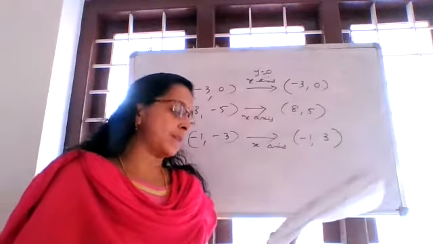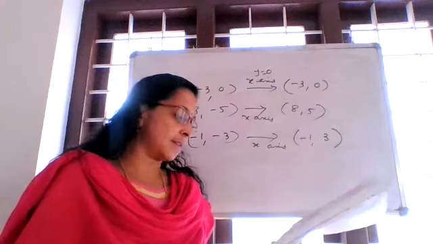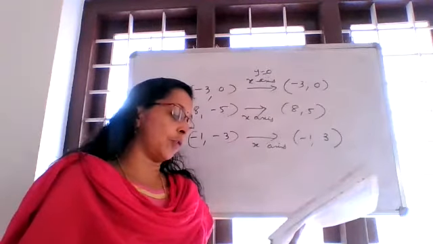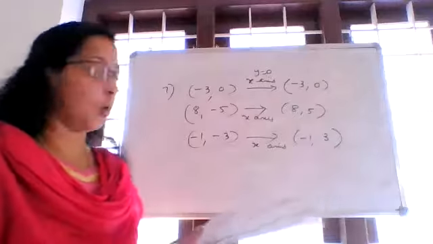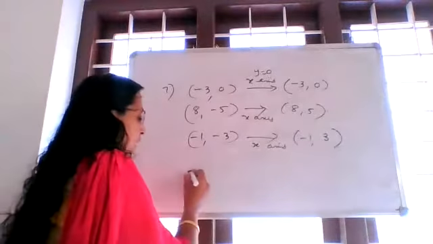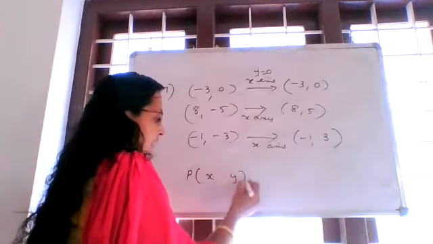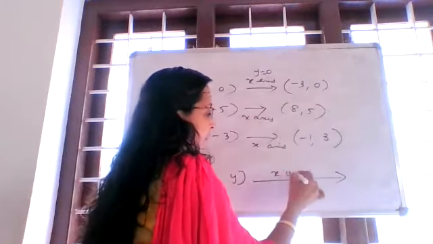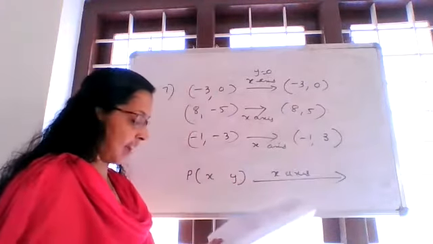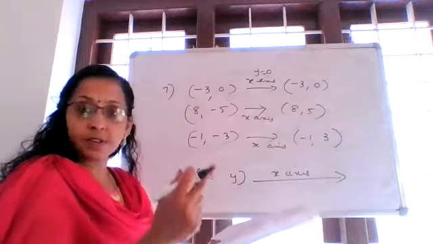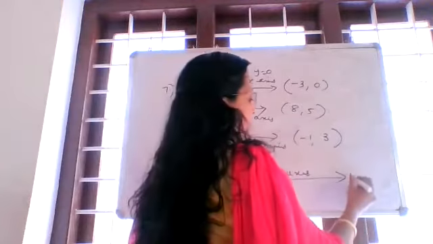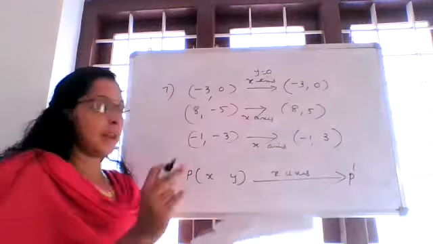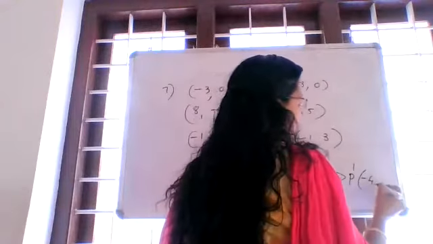Then the eighth question. A point P is reflected in the x-axis. Coordinates of its image, let it be P dash, are negative 4, 5.